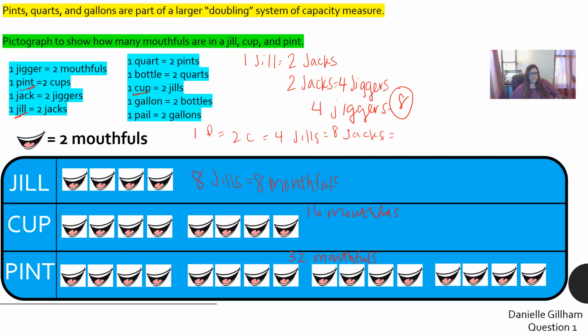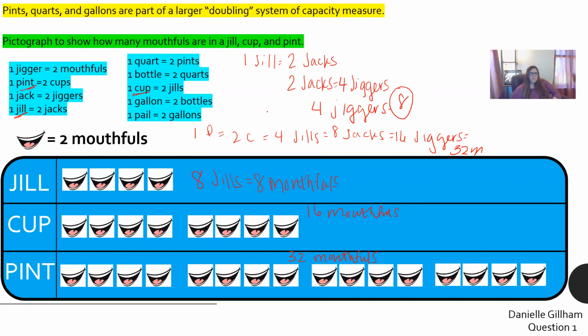And 8 jacks equals 16 jiggers. And then 16 jiggers equals 32 mouthfuls. So that's how I got the pint.